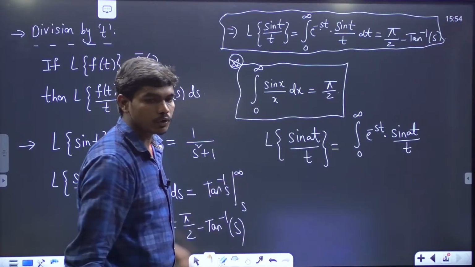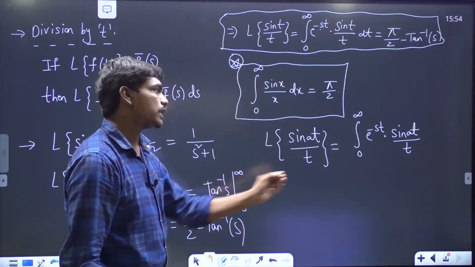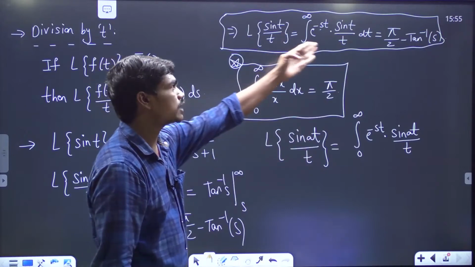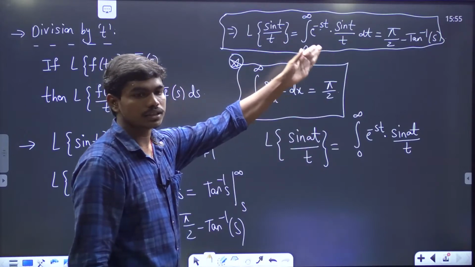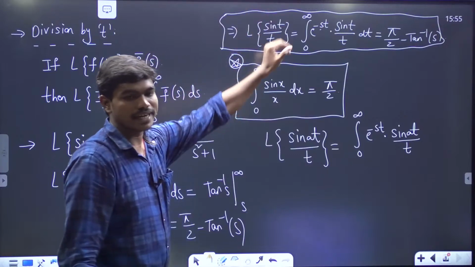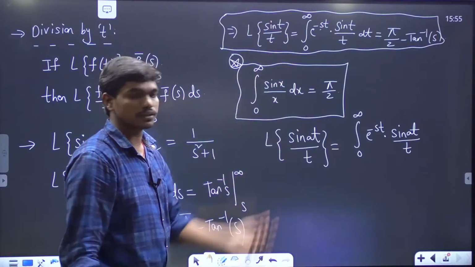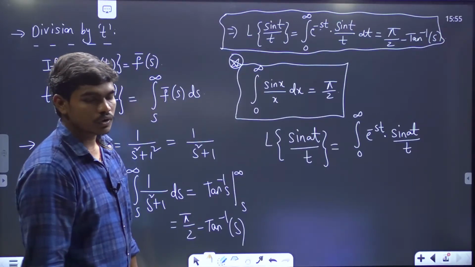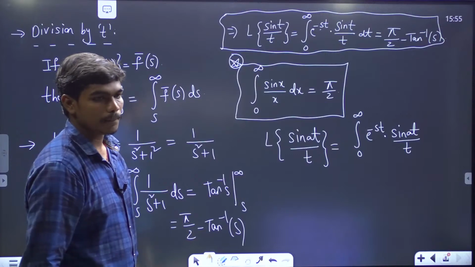Can you calculate and tell me? I told you the change of scale property, so try to use that because you know the formula for Laplace of sin t by t. Just now we have seen pi by 2 minus tan inverse s, correct? So in place of f of t, if you take this complete function sin t by t as f of t, then what could be the answer? Pi by 2 minus tan inverse of s by a. Could it be something more than that?